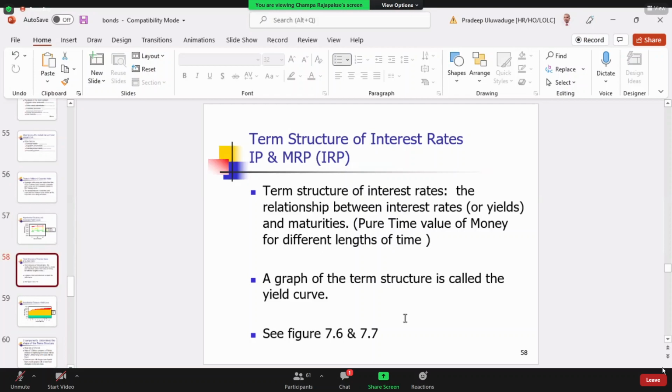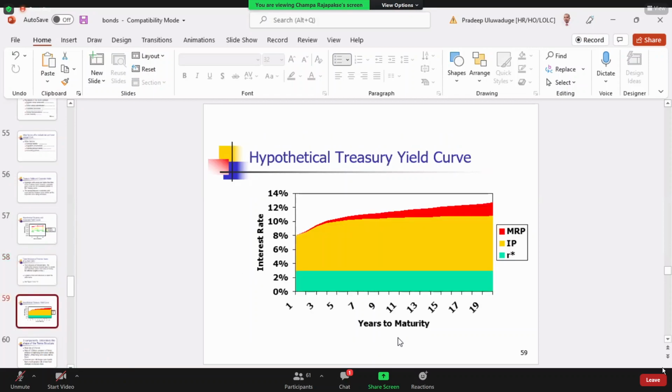The relationship between interest rates and maturities is called the term structure of interest rates. It is the pure time value of money for different lengths of time. A graph of the term structure is called the yield curve.